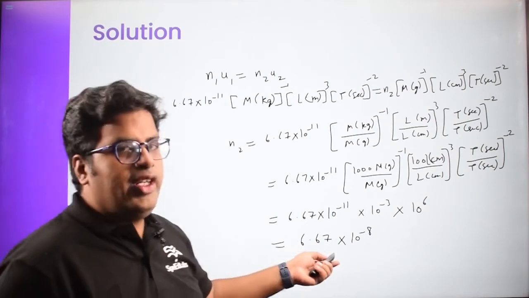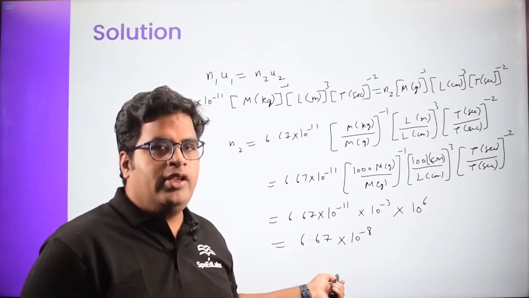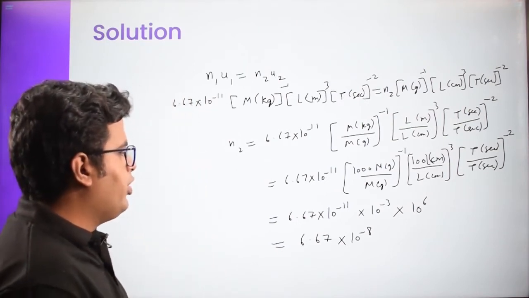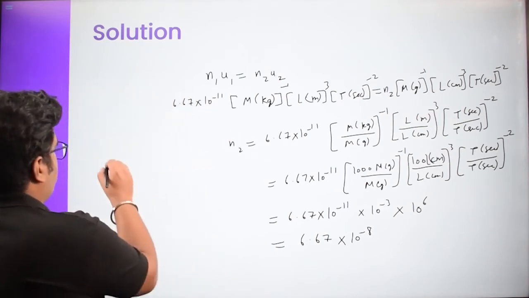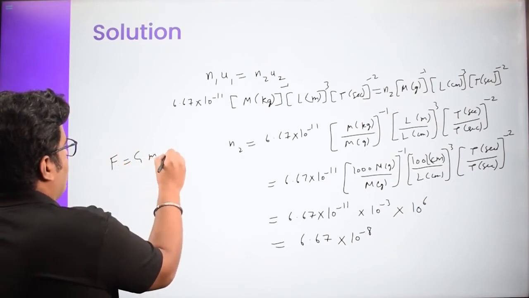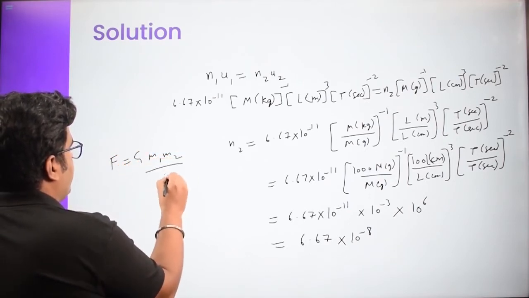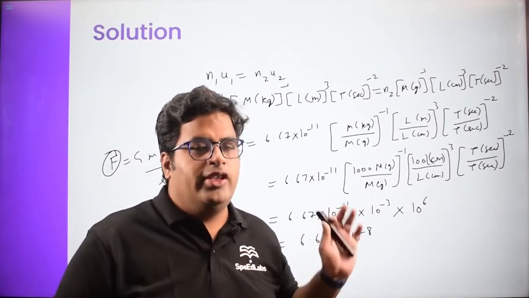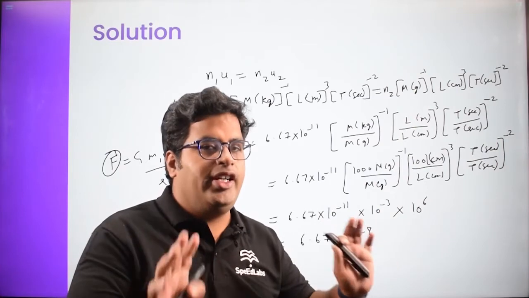Now that's going to be its value in the CGS system, right? Now you have to write the unit as well. So for unit, we are going to use the same formula, that is G m1 m2 by r square, right? So basically force will be in the CGS system. You must be knowing that the force in the CGS system is represented by dyne, right?